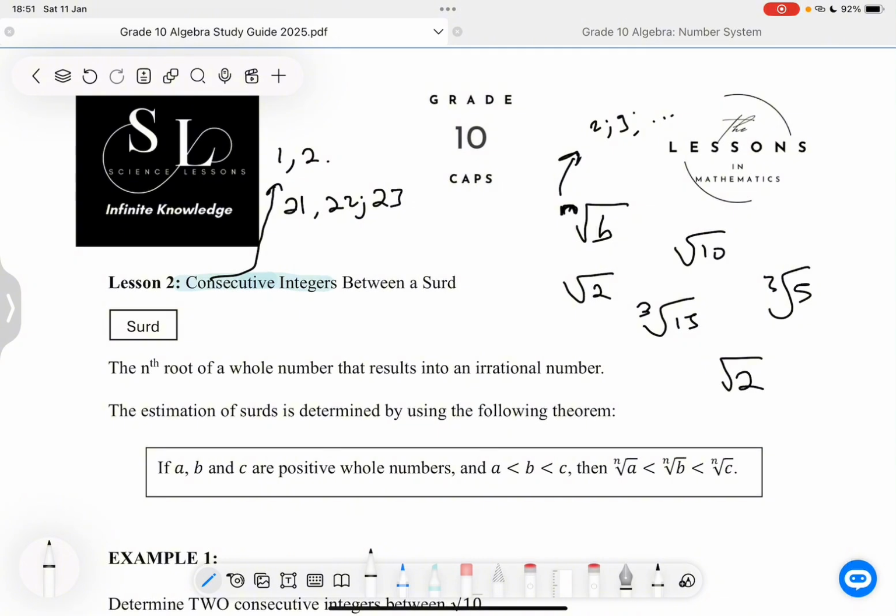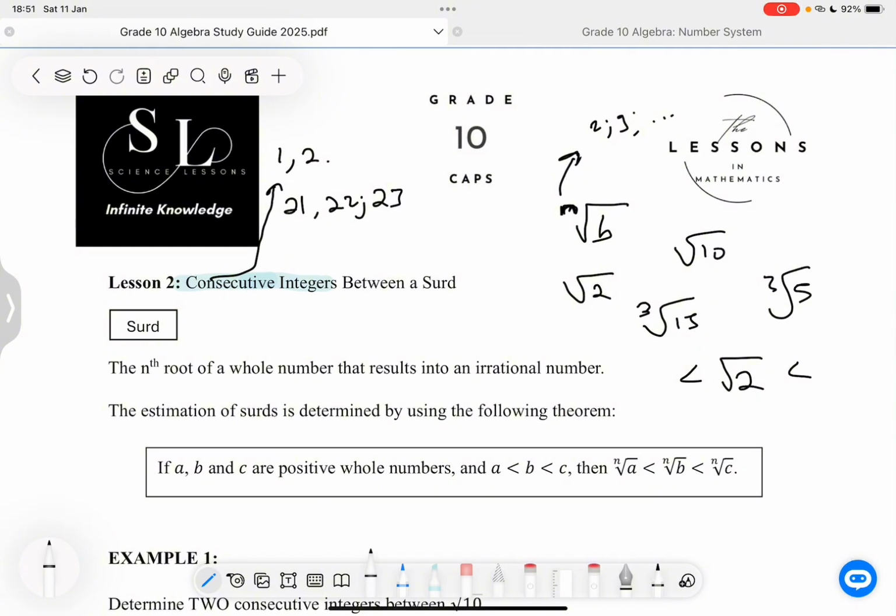As we defined a set, it's an irrational number. Now, we're saying here we're going to look at two consecutive numbers that will put this number in between. Obviously, if they put this number in between, it means one will be on this side and the other will be on this side.